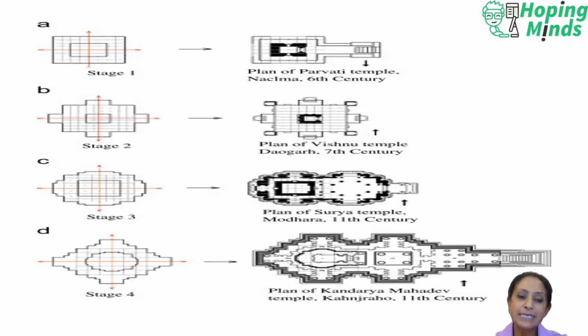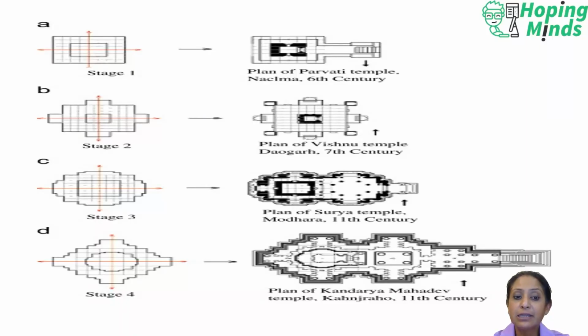Now here you can see the various stages, there are 4 stages clearly, where they are planning the Parvati temple. That's in the 6th century, in the very first. Then in stage 2, we have a plan of the Vishnu temple. That was in the 7th century.